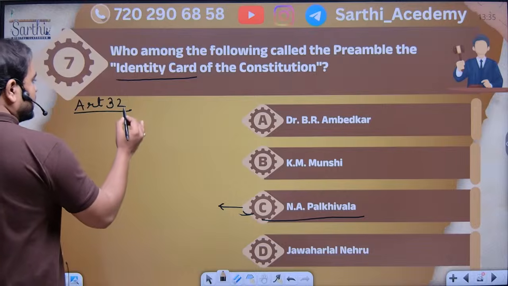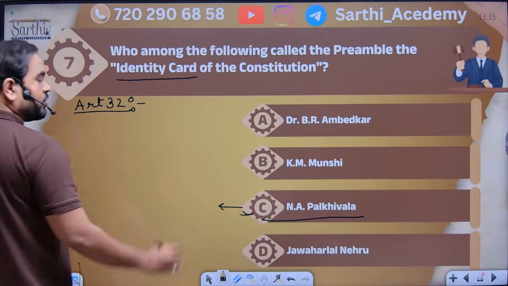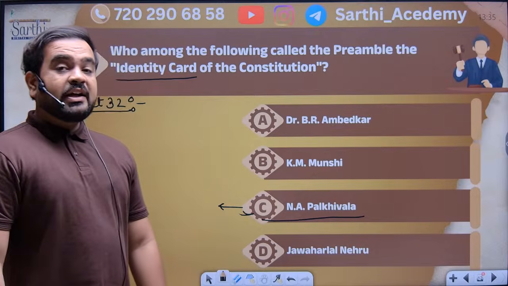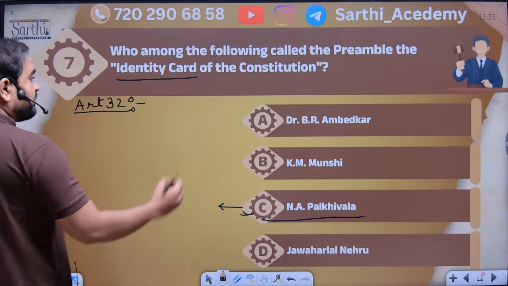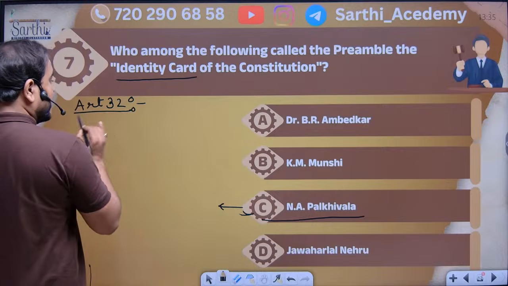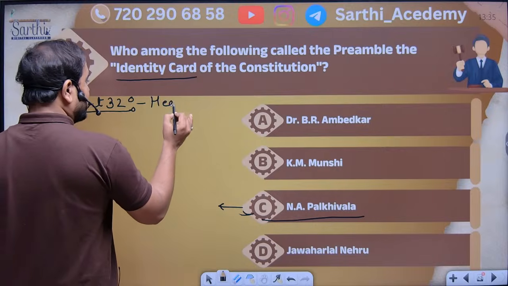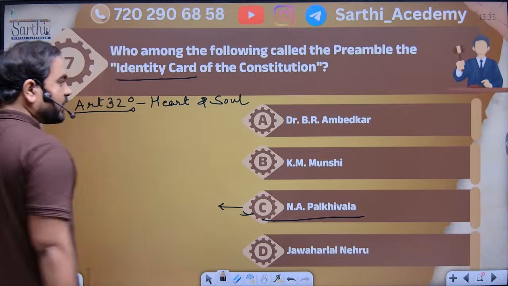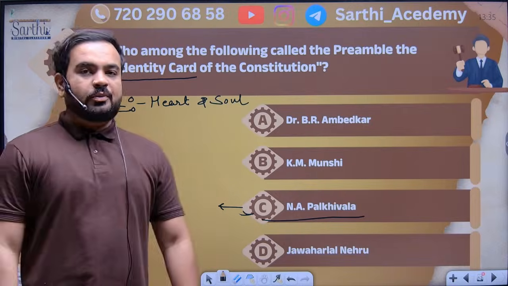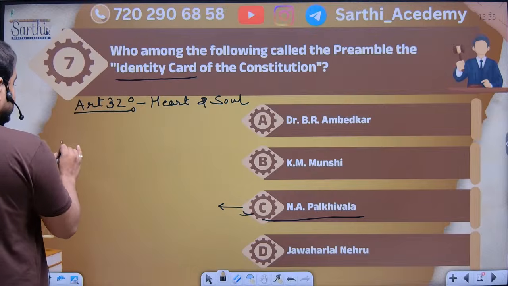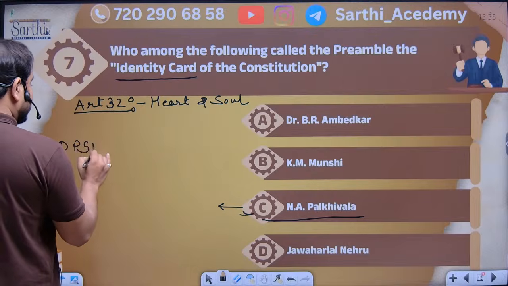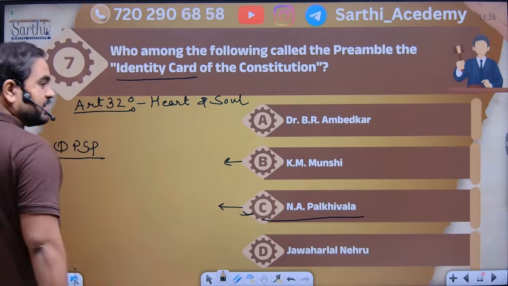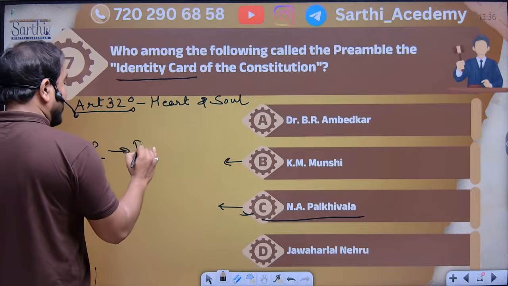Article 32 talks about constitutional remedies, the right to constitutional remedies, and B. R. Ambedkar said article 32 is the heart and soul of the constitution. Then there is DPSP, Directive Principles of State Policy, and Kanayalal Maniklal Munshi said DPSP is a blank check.